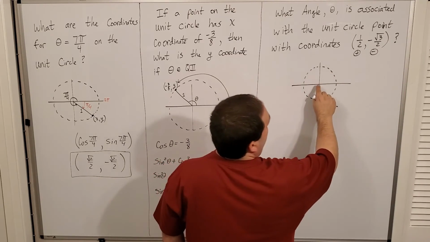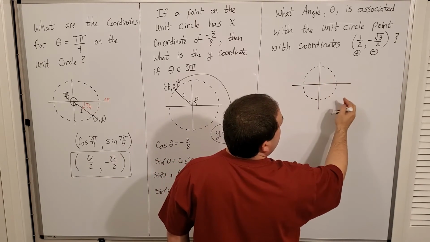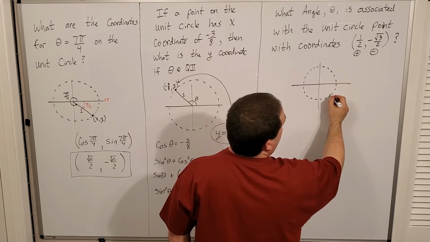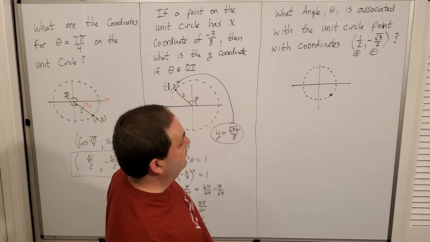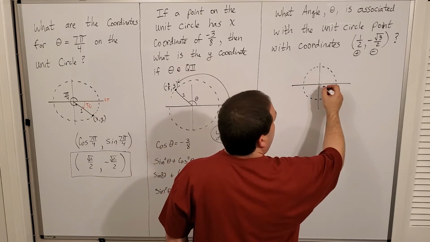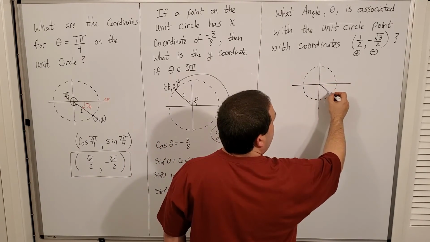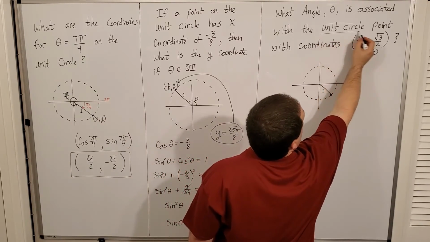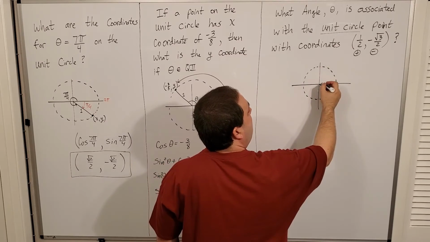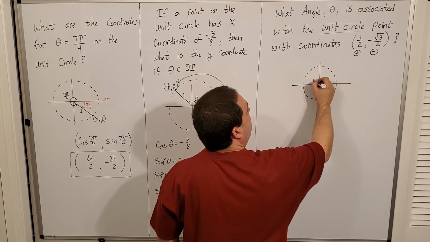Okay, so if my x is positive and my y is negative, then I'm going to be somewhere in quadrant 4 here. Okay? So then my radius will be here, and it's 1 because it said the unit circle. And I'm looking for this angle here.